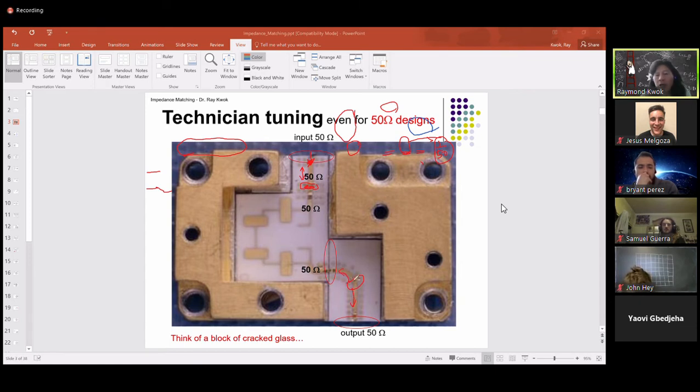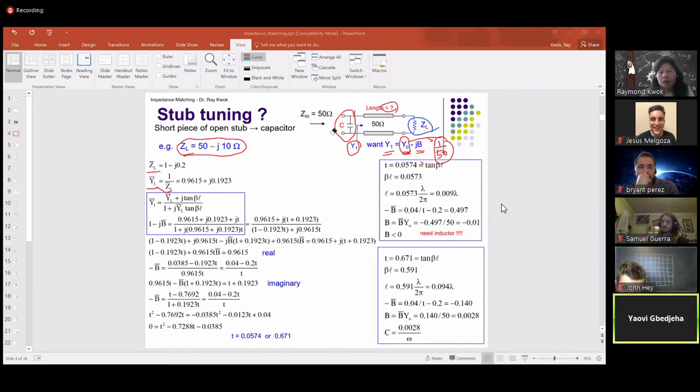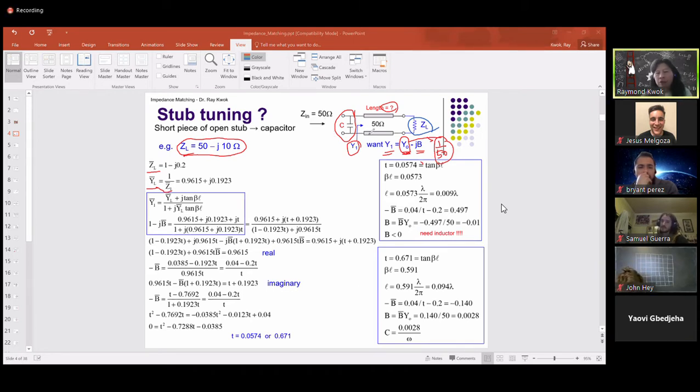By choosing the location, I'm actually doing this. So the step is, first I'm going to match the real part, and then hopefully the ribbon can match the imaginary part.